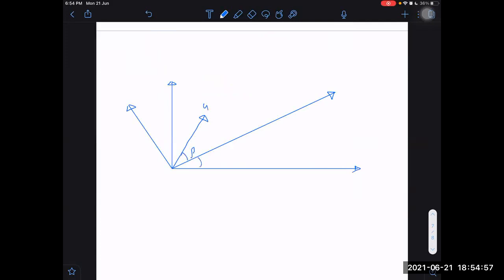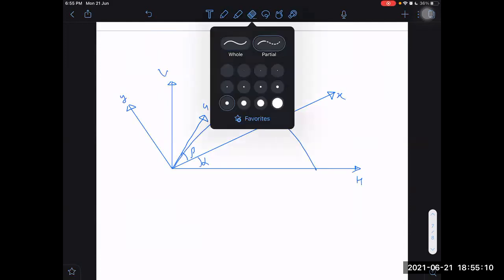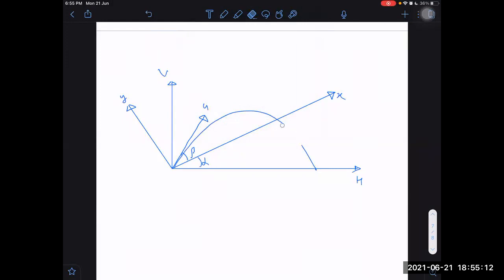U, beta, and alpha. X, Y, vertical and horizontal. If I am saying that this particle is like this, it does not go all the way. Somewhere it stops. Where does it stop? It stops at the incline.